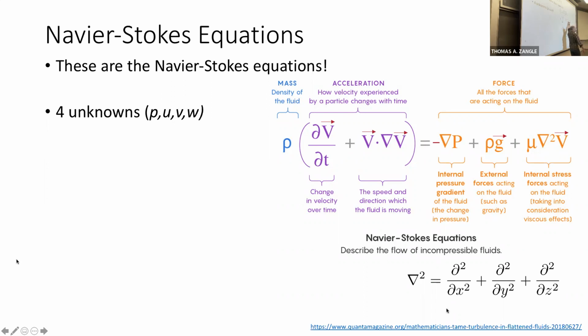Remember when we wrote this out, in the x direction, for example, this was u du dx plus v du dy plus w du dz. So this resolves to a vector when we go through the whole operator. The gradient of a scalar field is a vector. g is a vector. And the Laplacian is a scalar operator, and if we apply that scalar operator to a vector, we get a vector.